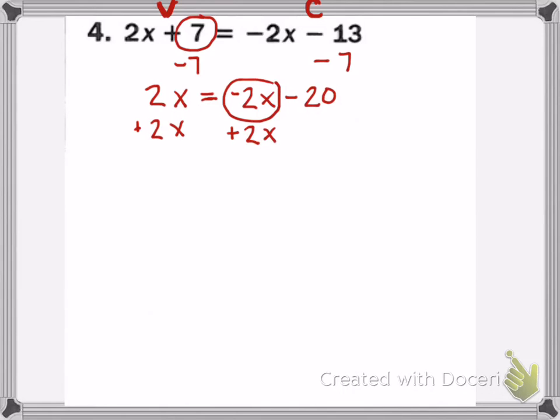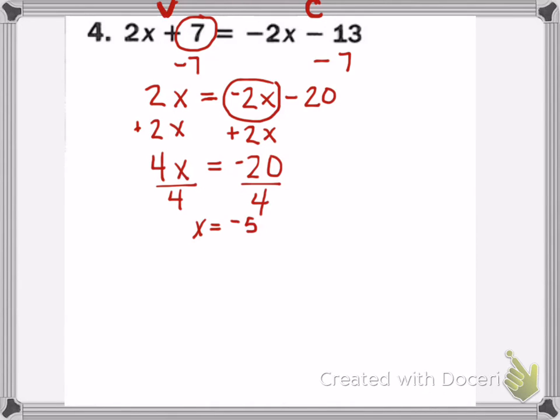And of course we do that to both sides to keep it equal and balanced. That's going to give us 4x on the left and negative 20 on the right. And then from here, you know that you need to divide both sides by 4 to get that x by itself. And we get x is equal to negative 5.